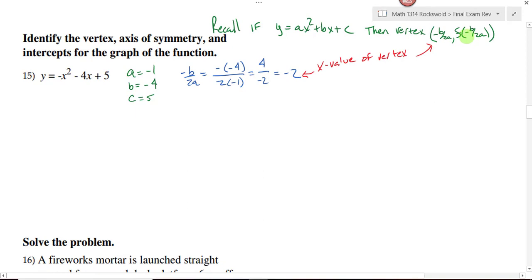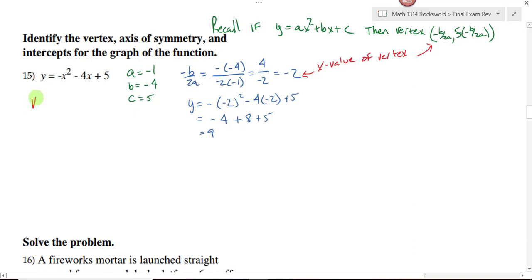To get the y value of the vertex, I just plug this value in place of x in this function, and I get y is equal to the opposite of negative 2 squared minus 4 times negative 2 plus 5. Negative 2 squared is 4, so the opposite of 4 would be negative 4 plus 8 plus 5. Combining like terms then will give me that y is equal to 9.